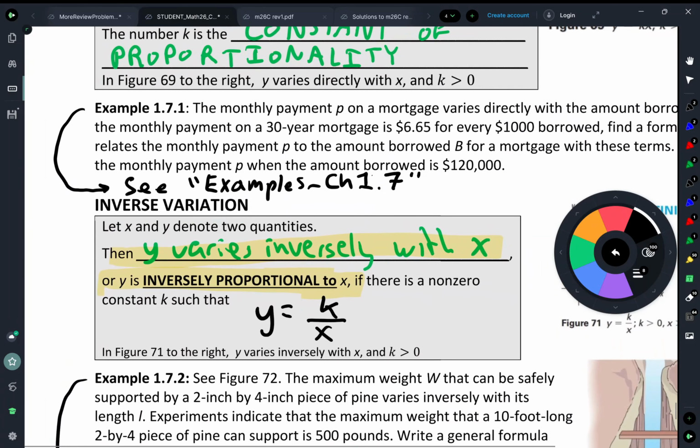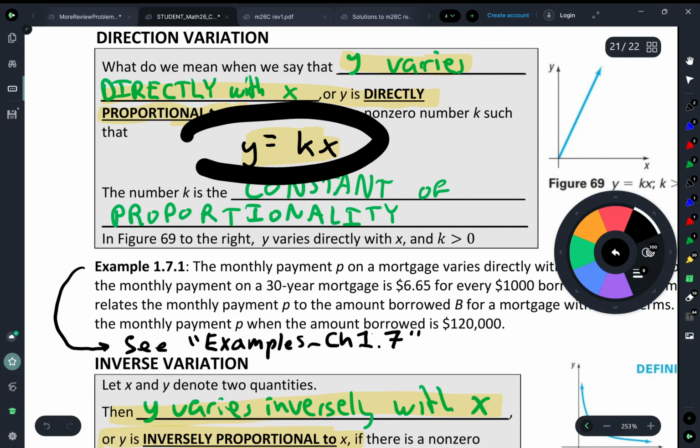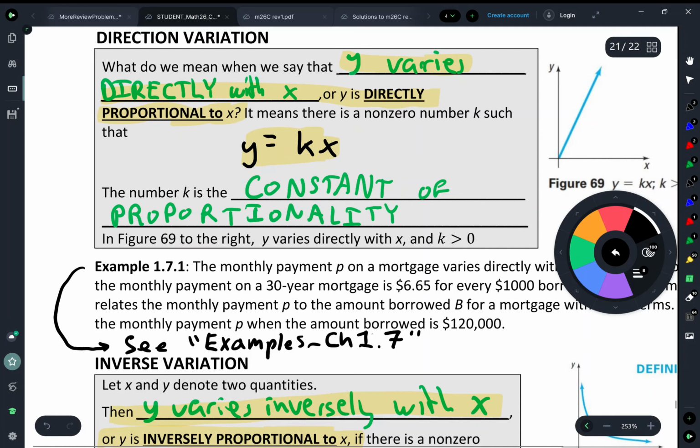On the other hand, you have the concept of inverse variation. Inverse variation means that as x increases, y decreases, or vice versa. The higher y is, the lower x. If you increase y, x decreases. That's different than direct variation, where as y increases, so does x, and vice versa.